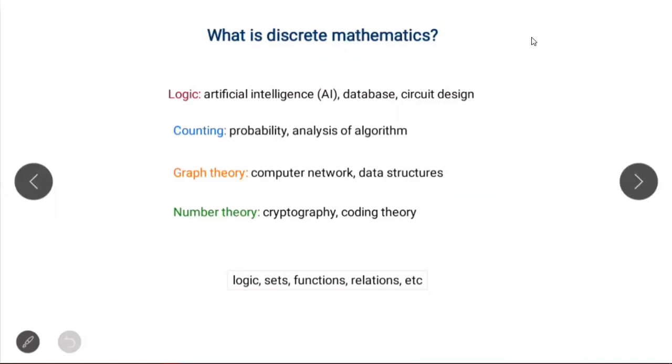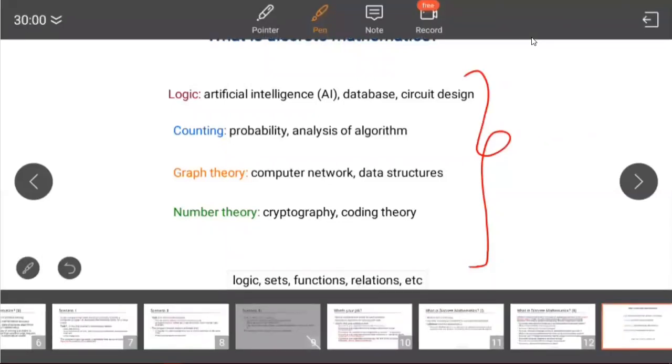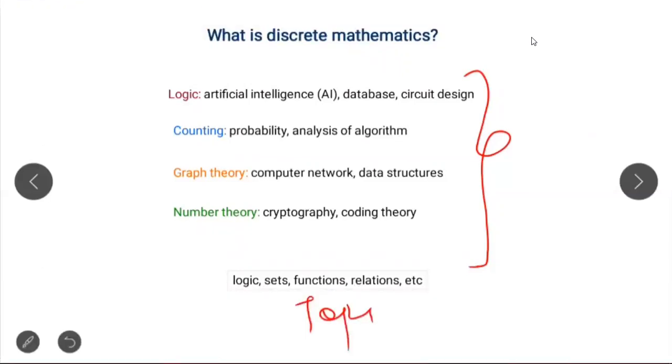The next one is graph theory. Graph theory involves graphs and it is used in computer networks and data structures. So this entire thing is basically the different topics and where they are used. Logic, sets, functions, relations, these are the topics, and these are the branches where they are used.